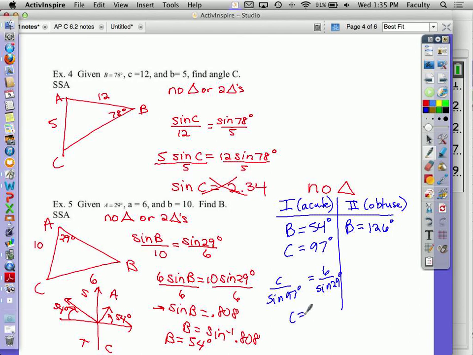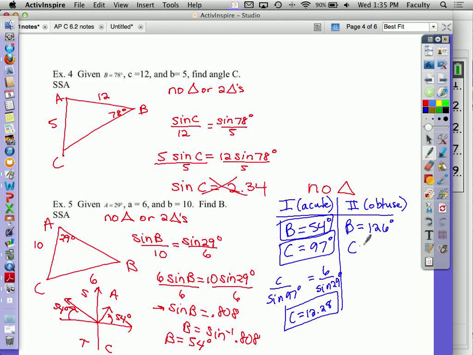Cross multiply and divide. And I'm getting C is 12.28. So that's the first triangle.